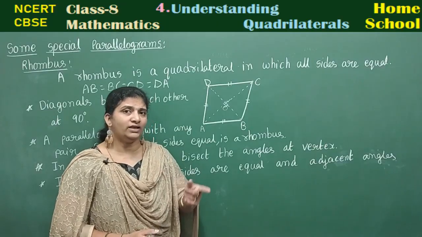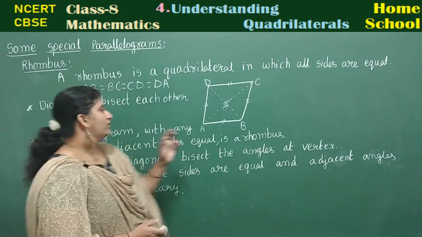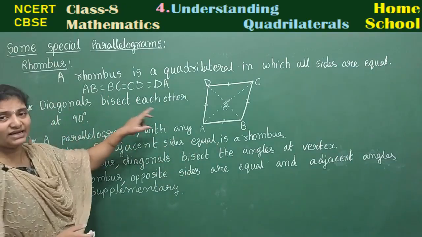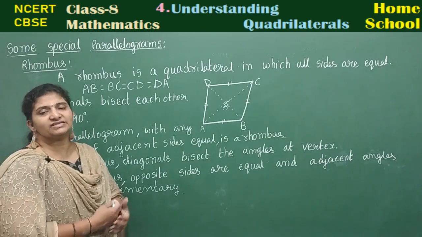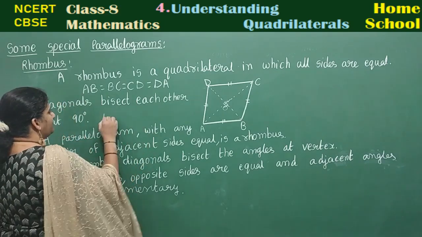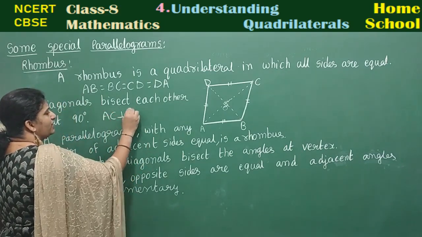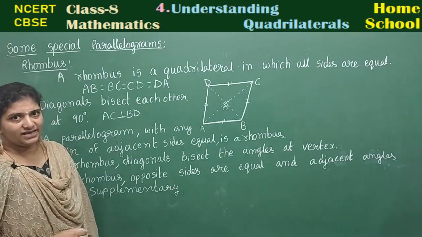Understand the difference between bisecting and diagonals being equal. Diagonals bisect each other at 90 degrees. That means AC is perpendicular to BD, or BD is perpendicular to AC.